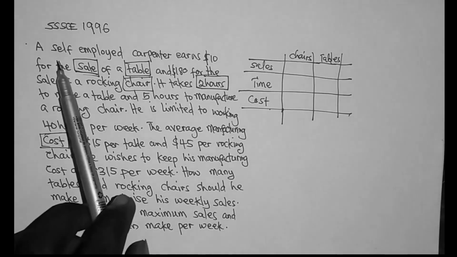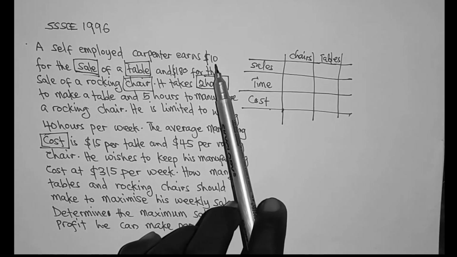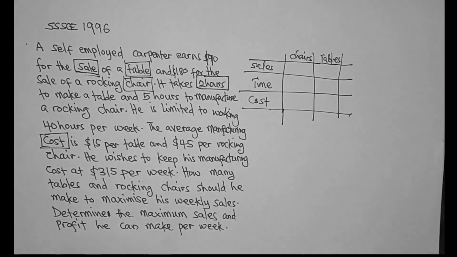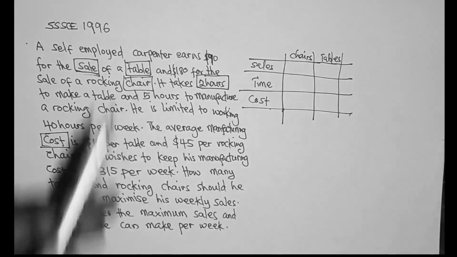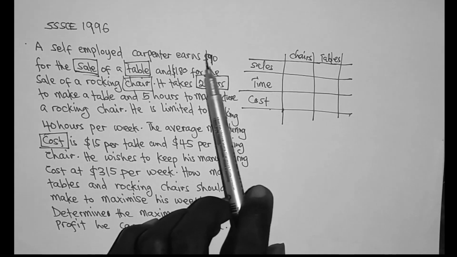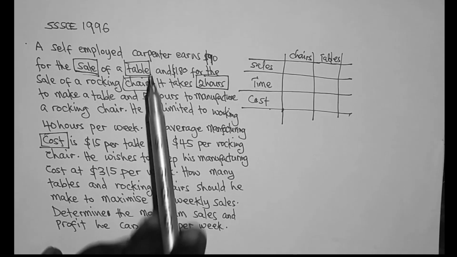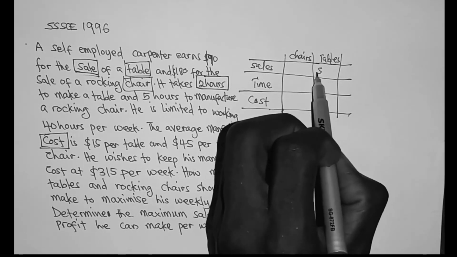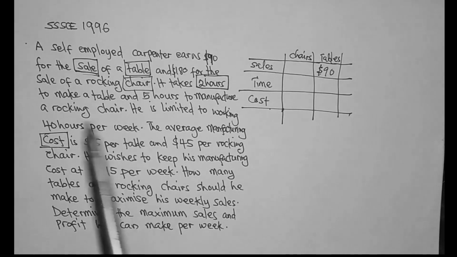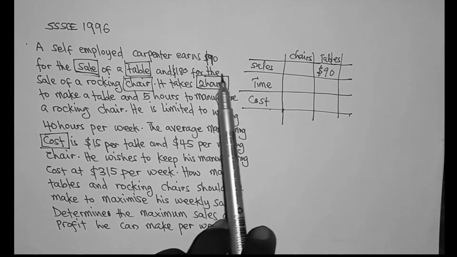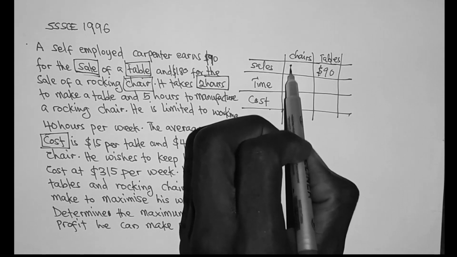From the question, the carpenter earns $10 for the sale of a table. So let me make a correction here: it is $90, it's not $10. The carpenter earns $90 for the sale of a table. So $90 here. And then $180 for the sale of a rocking chair. So for the chairs, he earns $180.